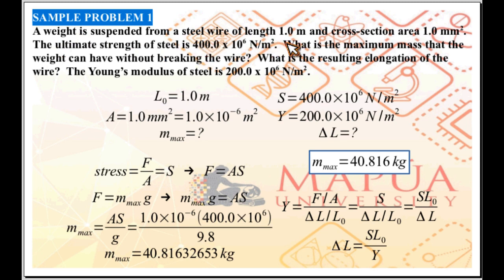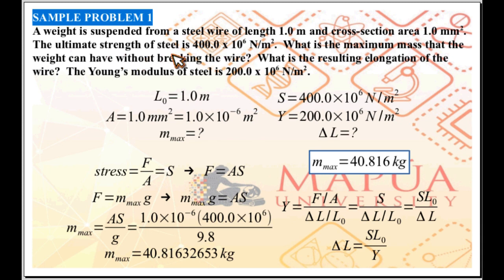Initially, it has a length of 1 meter, so let L naught be equal to 1 meter. The wire has a cross-section area of 1 millimeter squared, so let A be equal to 1 millimeter squared. Converting to meter squared, you have 1 times 10 to the negative 6 meter squared.